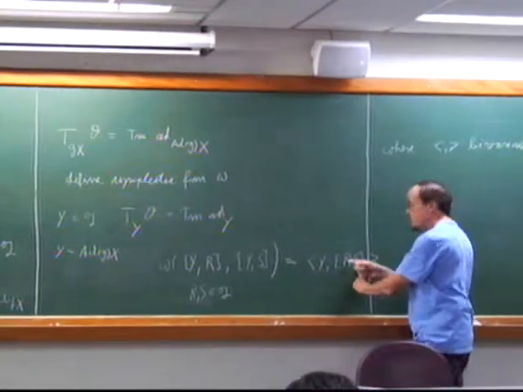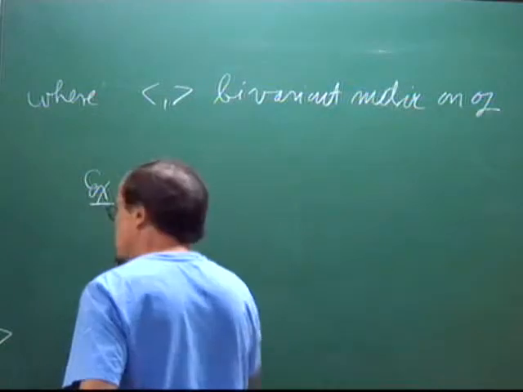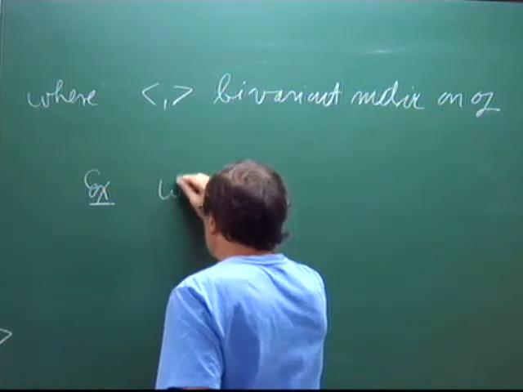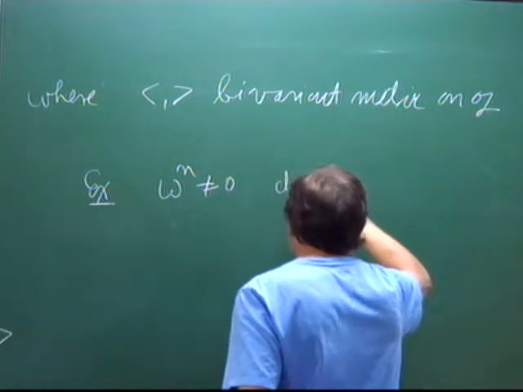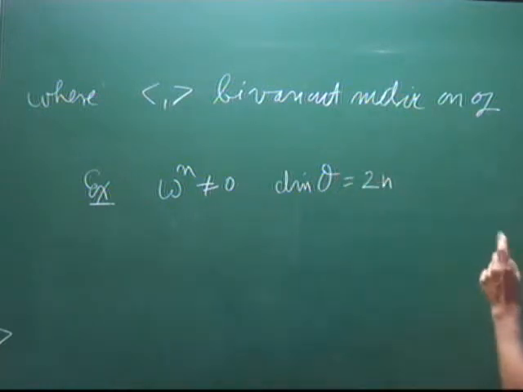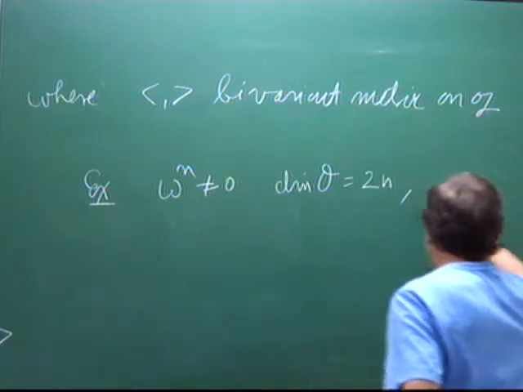Notice that if I switch these two around here, that switches these around, so it's antisymmetric. So the exercise is that omega to the n is non-zero, where the dimension of the orbit is 2n. So in particular, it says that the orbit is even dimensional. And then the top power of this is non-zero, and also that d omega is equal to 0.